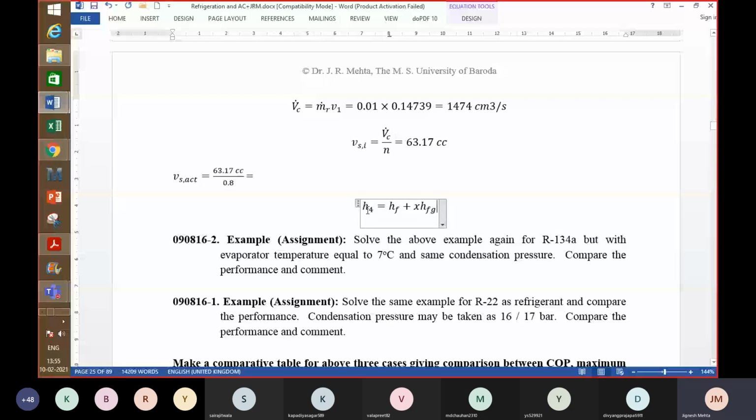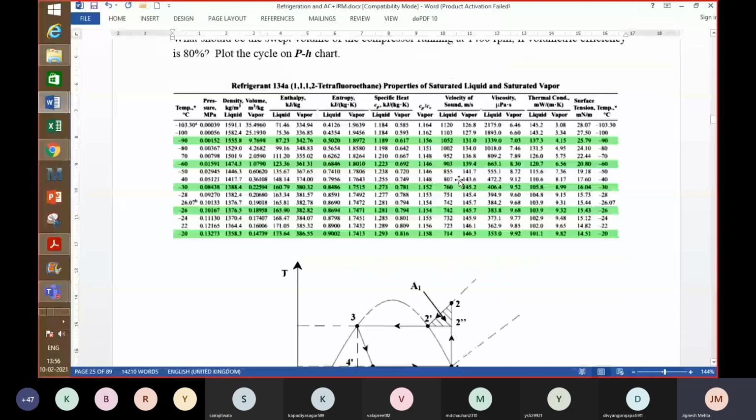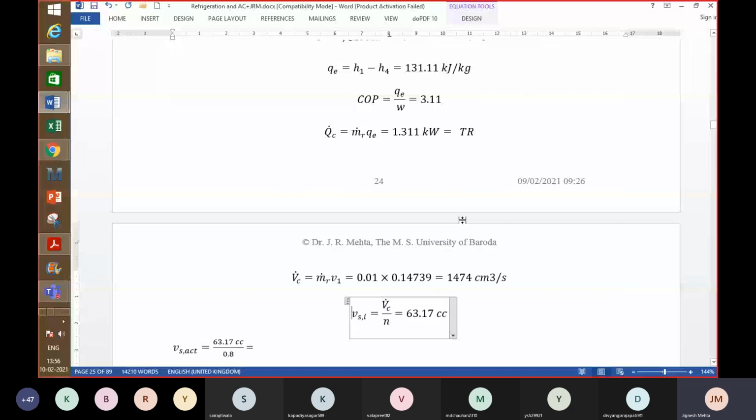Everything is at minus 20 degree Celsius, right? So get everything from this table, saturated properties of the refrigerant. So hf is nothing but 173.64. hfg is the difference between these two, and you already know H4, so you can put that value here.